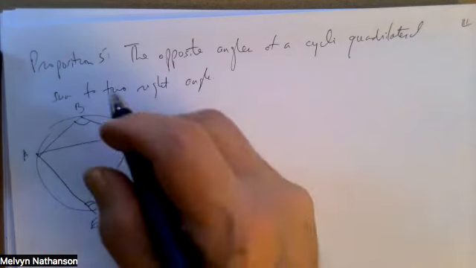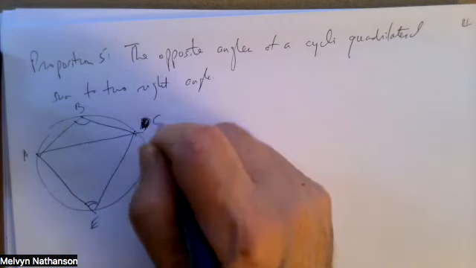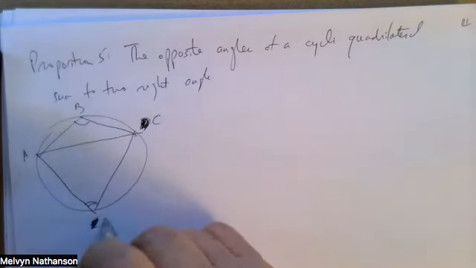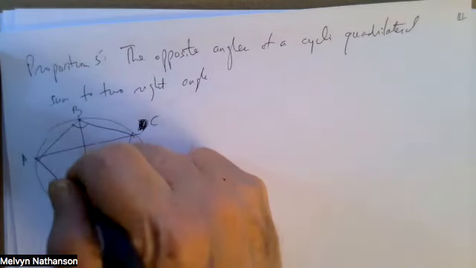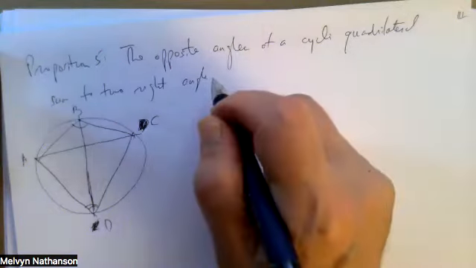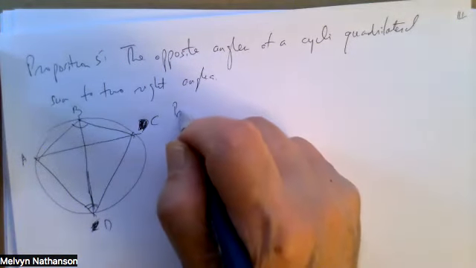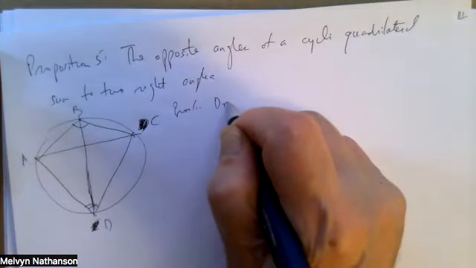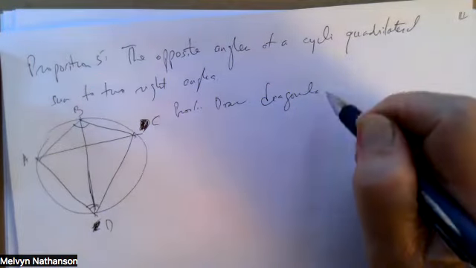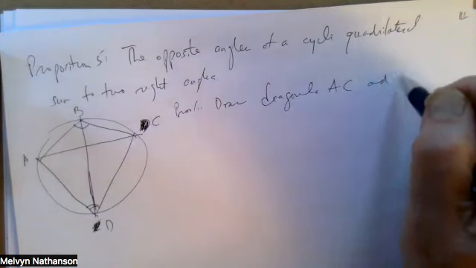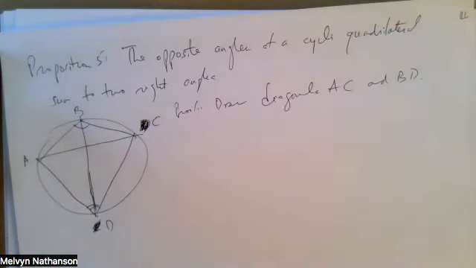Let me label this the way I started to. And we draw the diagonals AC and BD. So proof. Draw the diagonals AC and BD.